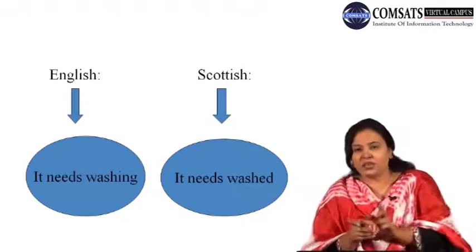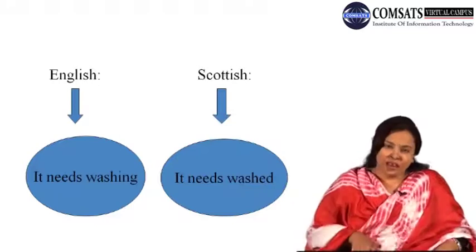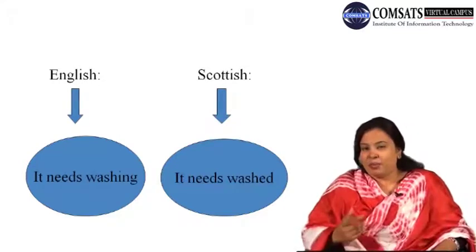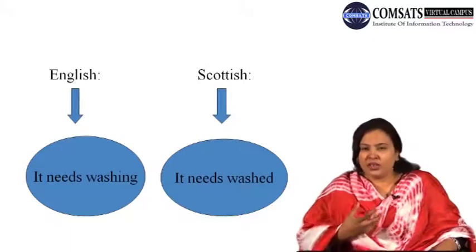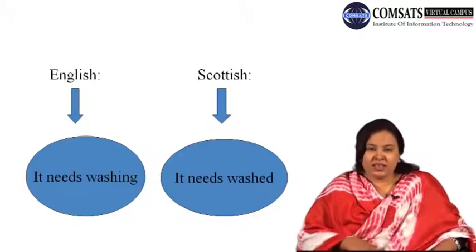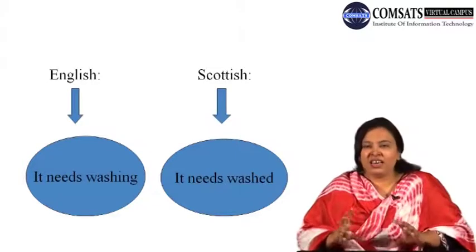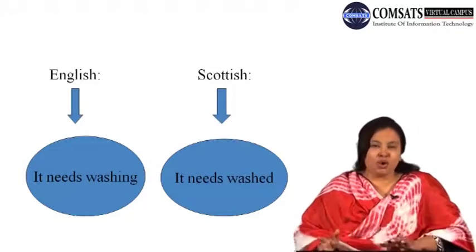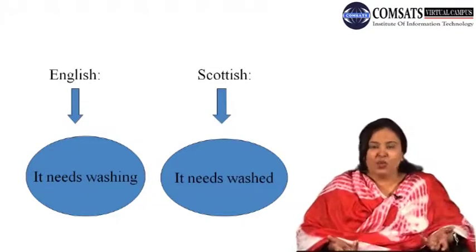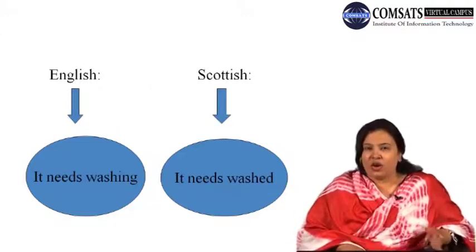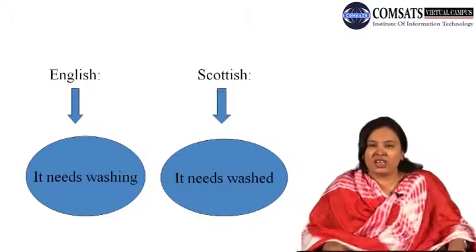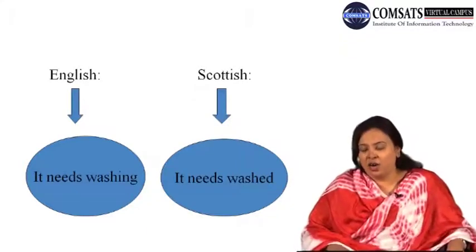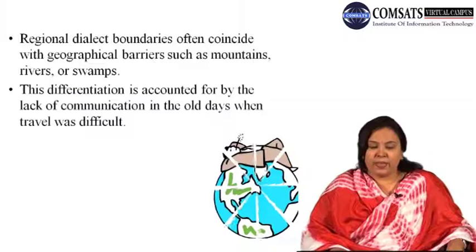But a Scottish person, speaking English but using another variation, says it needs washed. Scottish people used to speak like this: it needs washed. So it needs washing, it needs washed. Again, we have a variation according to the region, according to the geographical position. Such variations come under the category of regional variation.